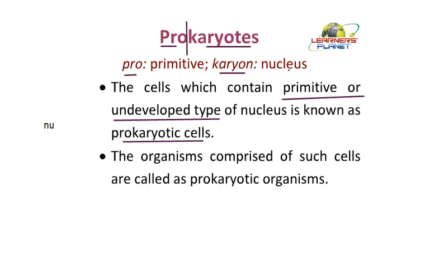This nucleoid has the same function as the nucleus in higher organisms or in eukaryotic cells, but we are not calling it a nucleus. Rather, it is known as a nucleoid, which is actually a region in which the chromosomes are located. And of course, these are functionally active. They have the same function.